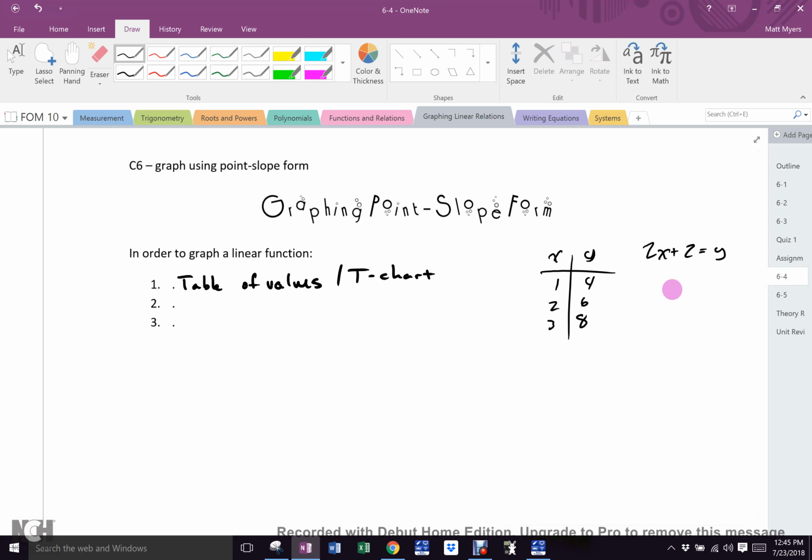The second way you learned, which I will do in red, is x and y intercepts. We still have 2x plus 2 equals y, but now we have y equals 0 and x equals 0, and you sub them in. 2x plus 2 equals 0. 2x equals negative 2. x equals negative 1.